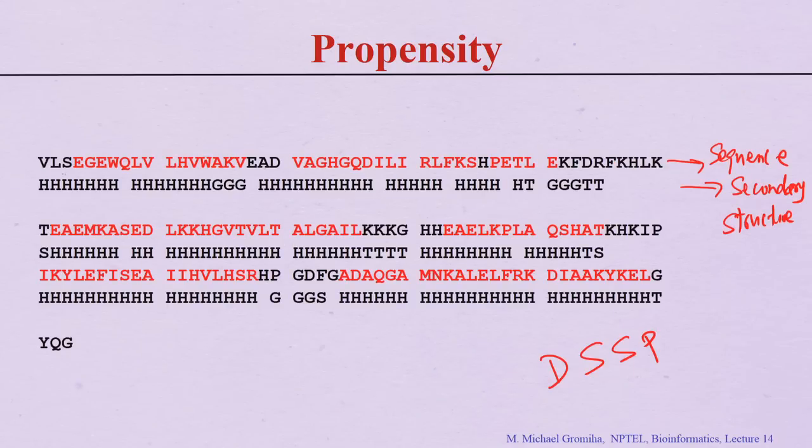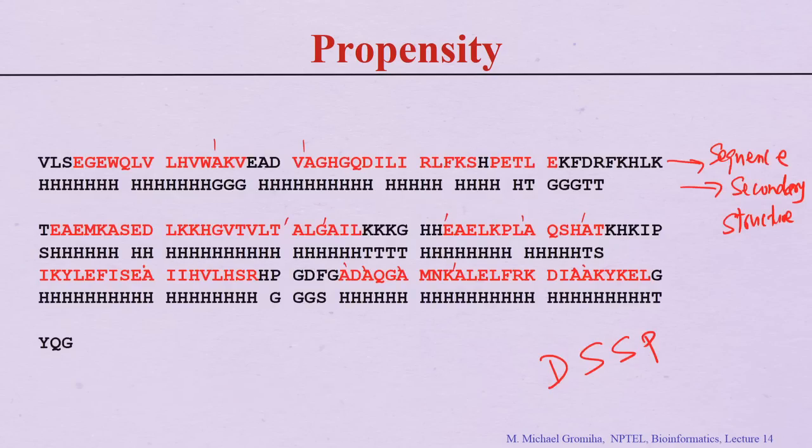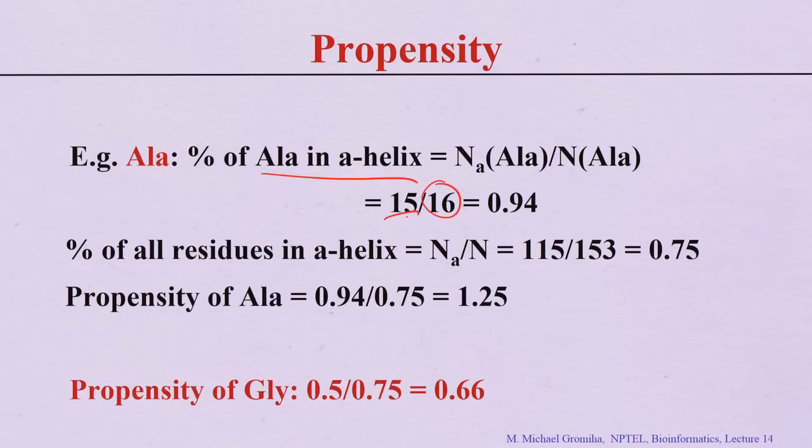You can see all the alanines: 3, 4, 5, 6, 7, 8, 9, 10, 11, 12, 13, 14, 15, 16. There are 16 alanines. Out of 16, how many are in alpha helix? If you see the red ones, there are 15 here; this one is not alpha helix, the others are. So there are 15 in alpha helix, and you get 0.94.